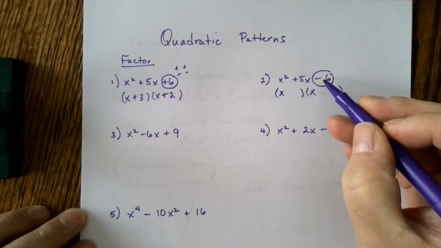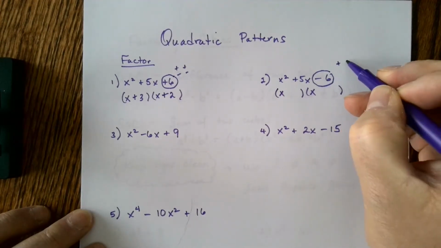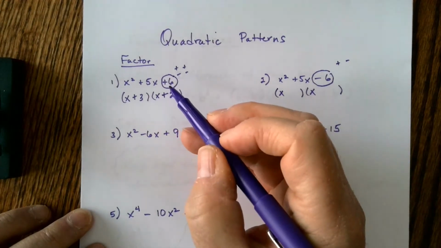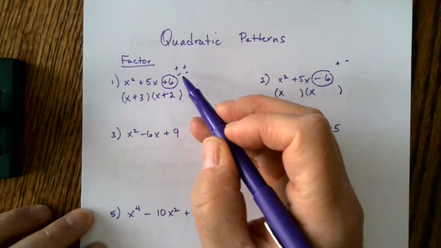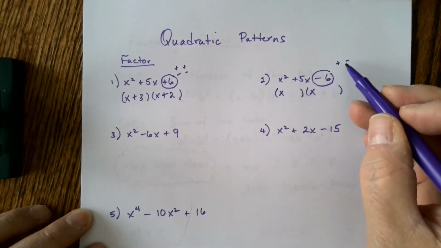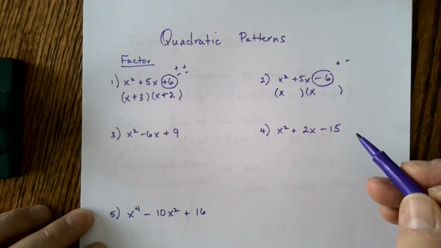But now we need two numbers that multiply together and give us negative 6. So we know there's going to have to be a positive and a negative. Now this is a pattern. If our last term is positive, it's going to be two of the same sign. If our last term is negative, then it's going to be one of each, because a negative times a positive or a positive times a negative equals a negative.